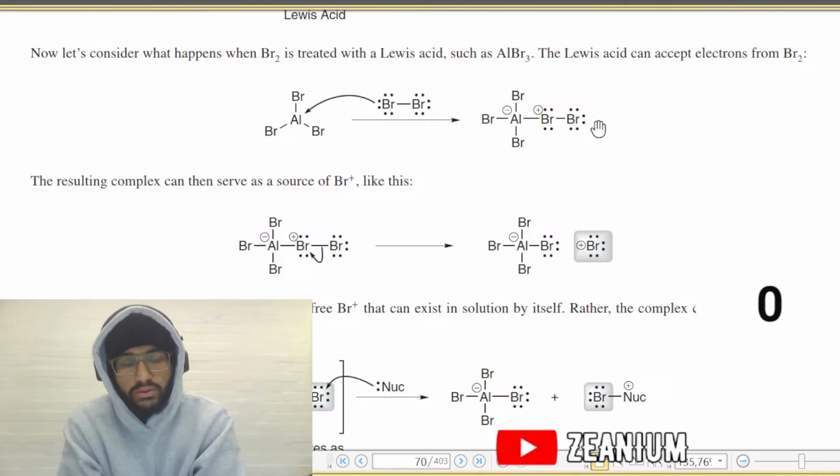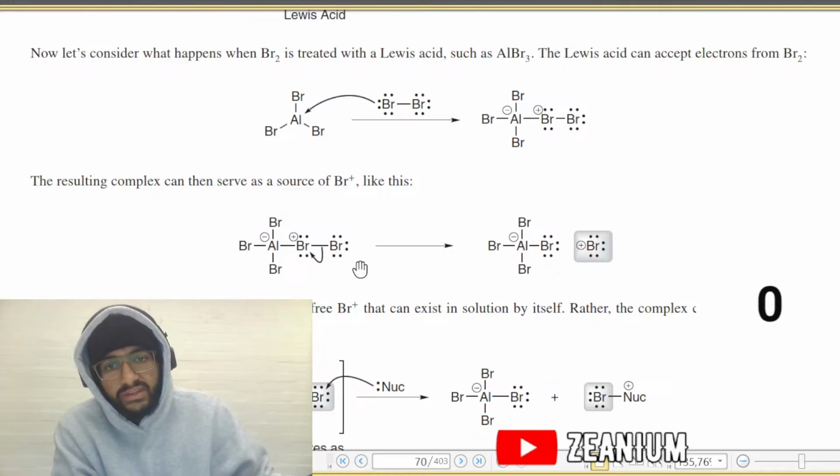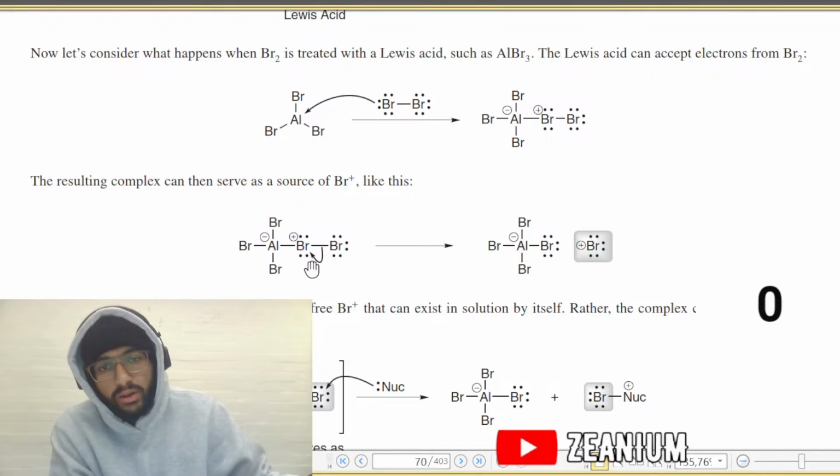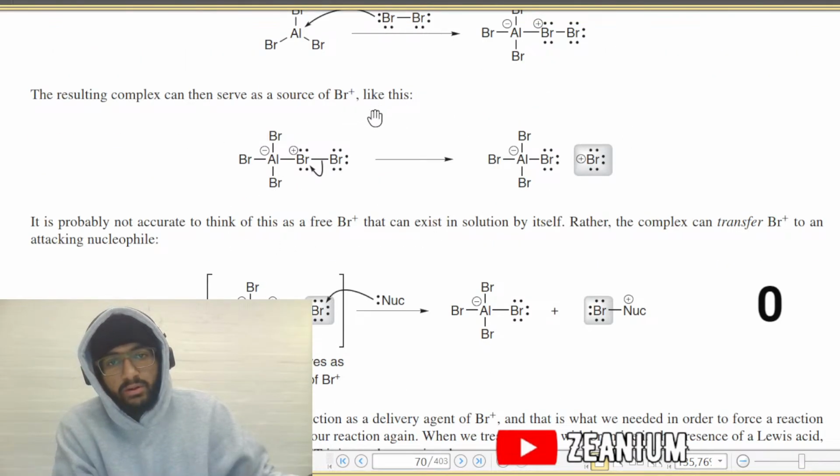After we create this product, the bond between the bromines breaks, and the plus charge hops to the other bromine, which then takes the other bromide away. So that's how you make Br plus.